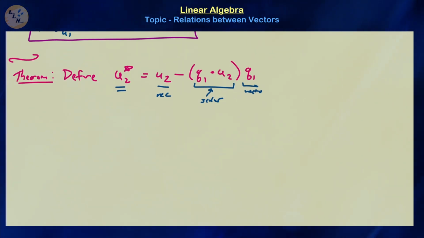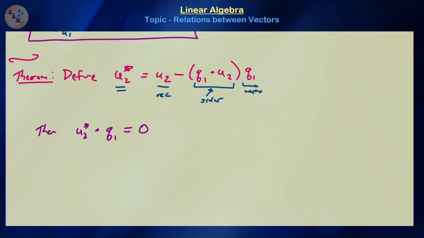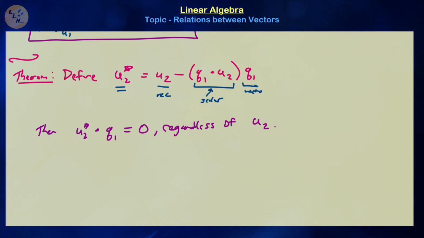So what is so special about this u2 star vector? Then u2 star dot product with the original normalized vector q1 is always equal to 0, regardless of what u2 actually is. u2 could literally be any vector in this particular vector space.